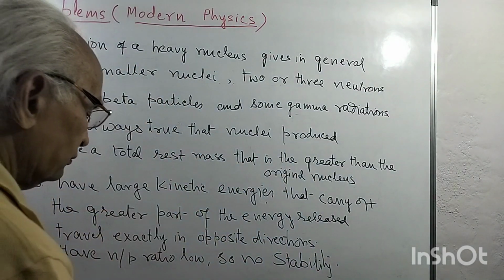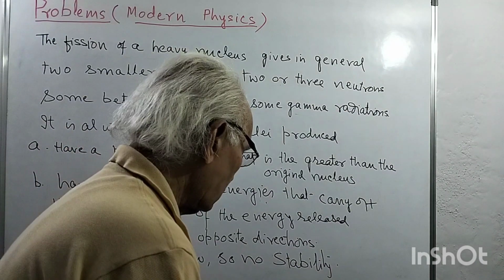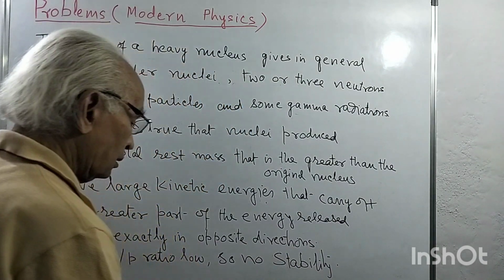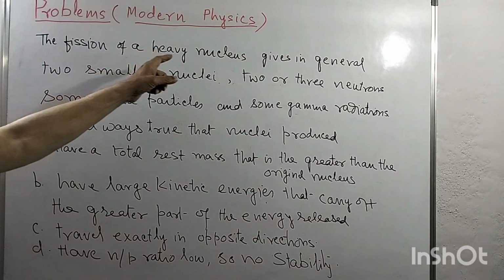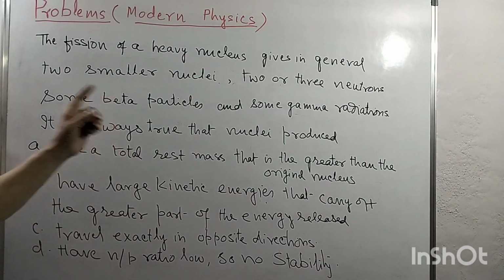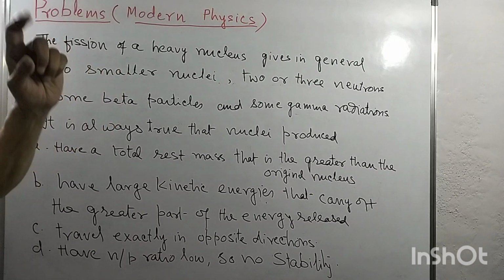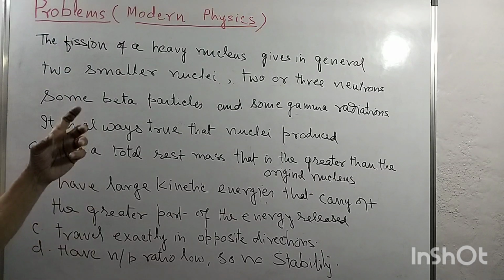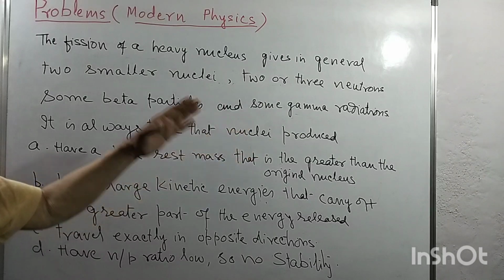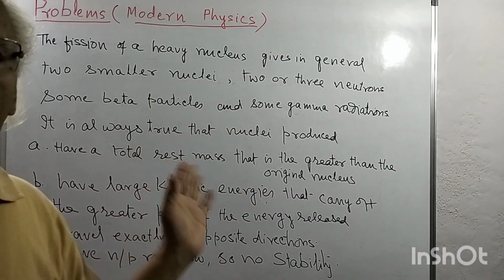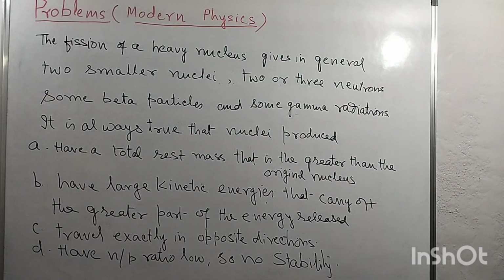So dear friends, we have now this question which is from fission. The fission of a heavy nucleus gives in general two smaller nuclei, 2 or 3 neutrons, some beta particles and some gamma radiation. So I have one question and there are 4 options.